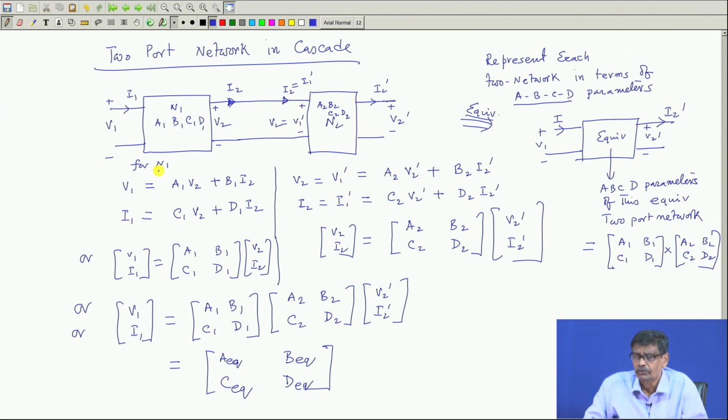And we already know that if you have represented the networks in any form, either H or Y or Z parameters, then you can find out the parameter values for other representations. We have to do a little bit of algebra there, that is all. So, this is how things will go around.